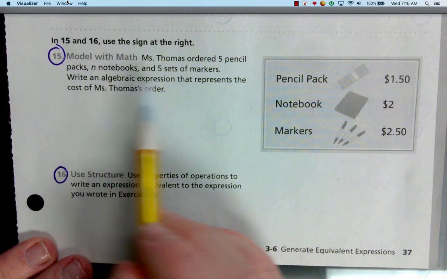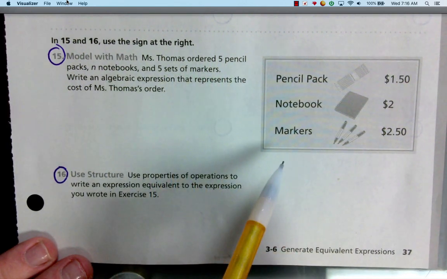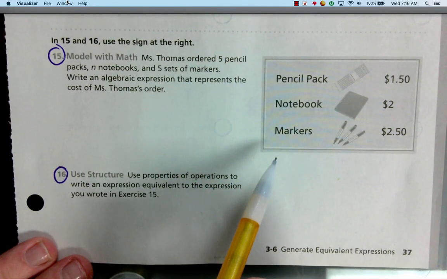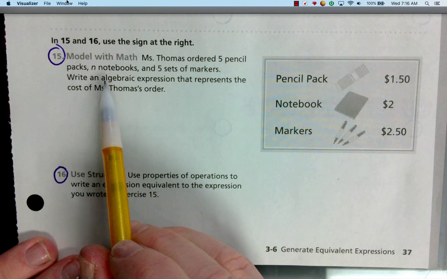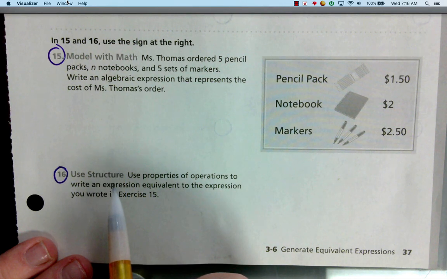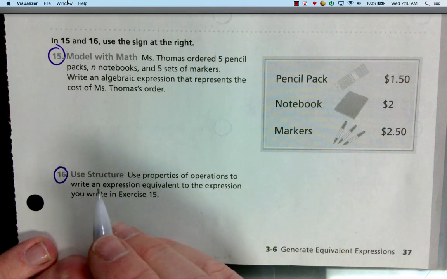So right now we know that she ordered 5 pencil packs and she ordered 5 sets of markers. Okay? And then we don't know how many notebooks she ordered. So write an algebraic expression that represents the cost of Miss Thomas's order.